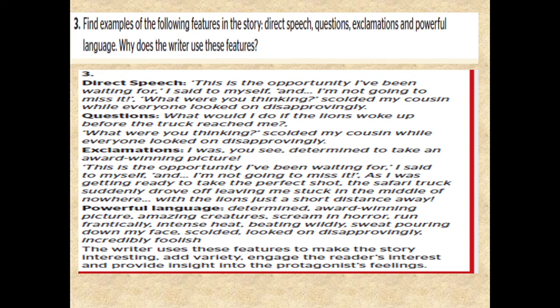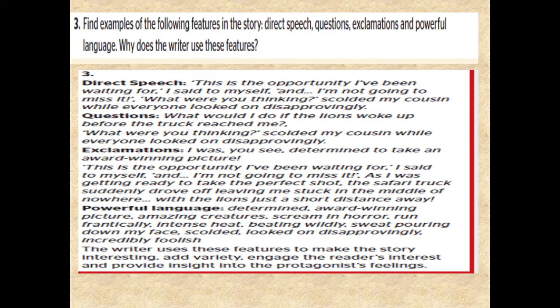Exercise C, part 3. Find examples of the following features in the story: direct speech, questions, exclamations, and powerful language. All of these are language features the writer has used. First, direct speech. The example: This is the opportunity I've been waiting for, I said to myself. You can highlight it.